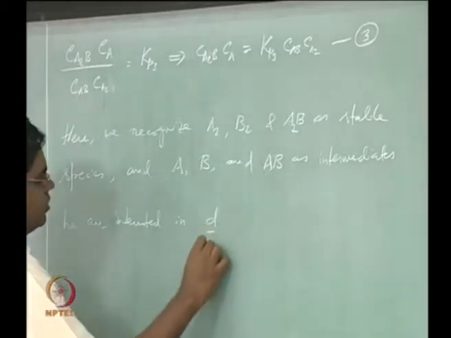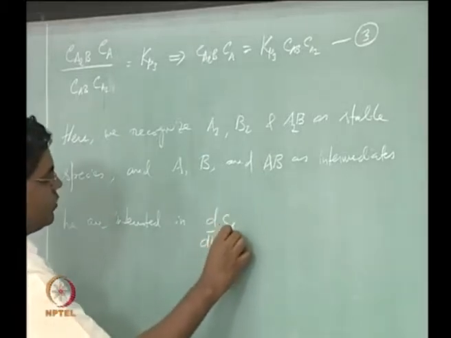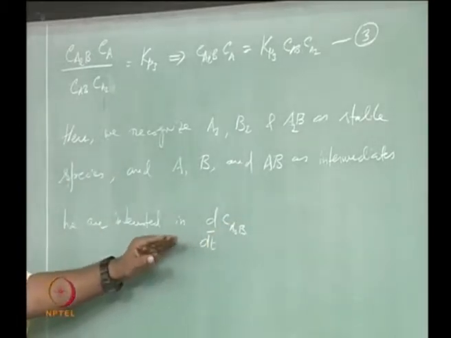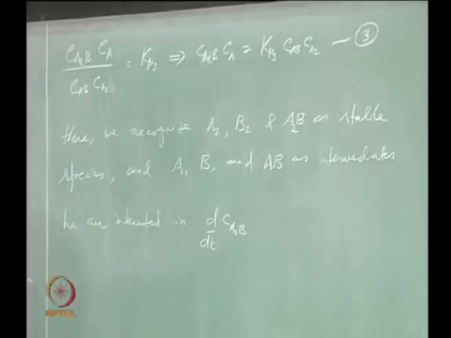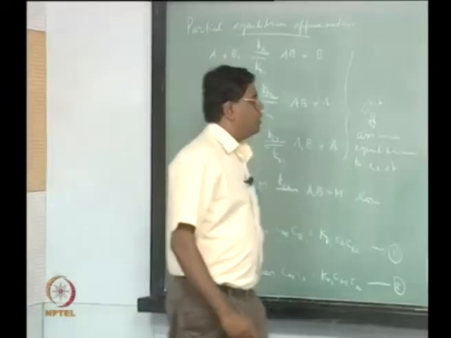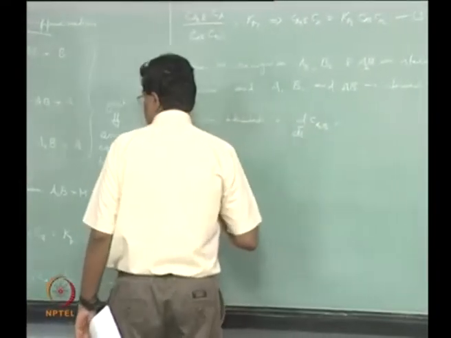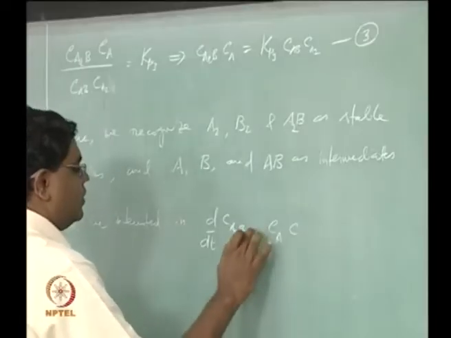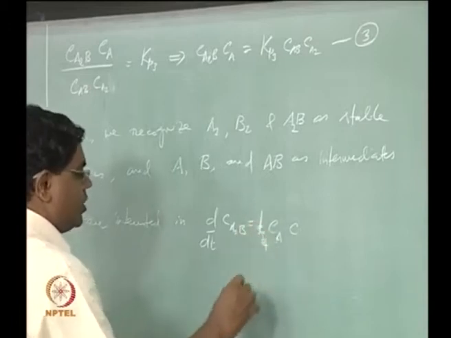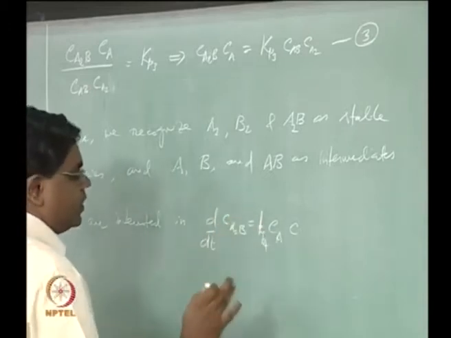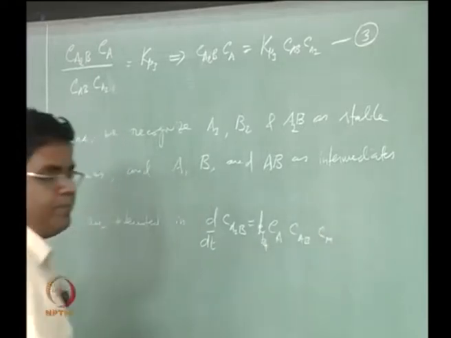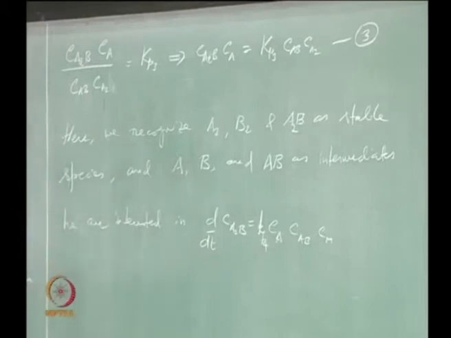d over dt of concentration of A2B, that is the final product whose rate of production we are interested in, right. Now looking at the fourth reaction where this is being produced, we could write this as Kf4 times concentration of A times concentration of AB times concentration of M, right.